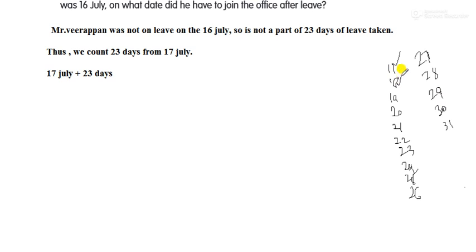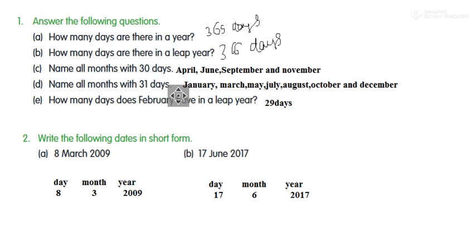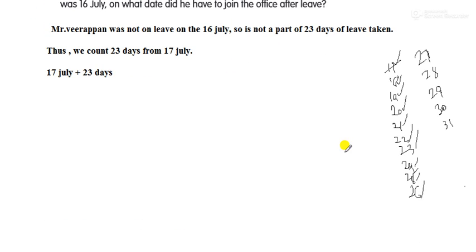Then 1, 2, 3, 4, 5, 6, 7, 8, 9, 10, 11, 12, 13 and 14.